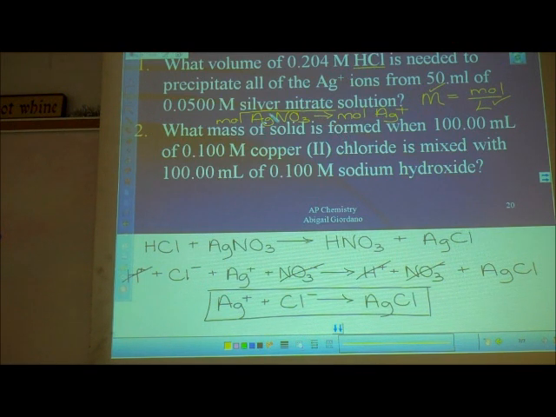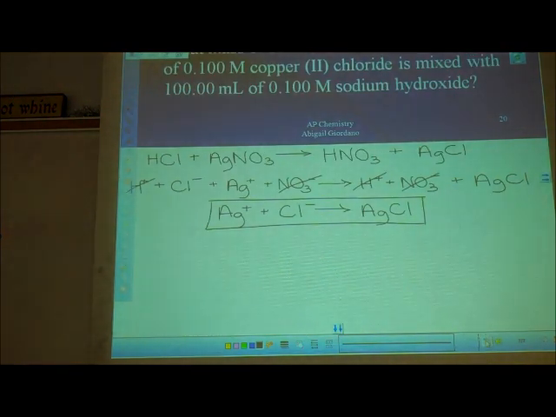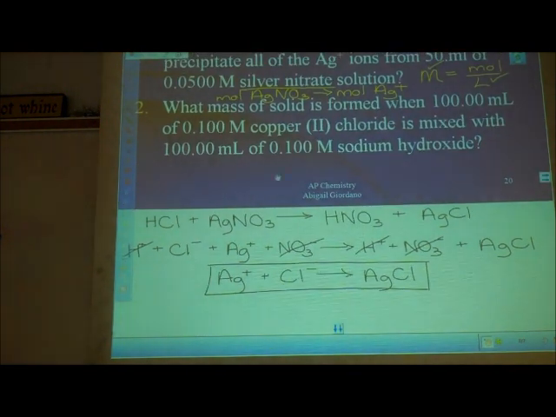Let's calculate moles of AgNO3. I'm given a molarity. Be careful with these units. Can I leave it in milliliters?